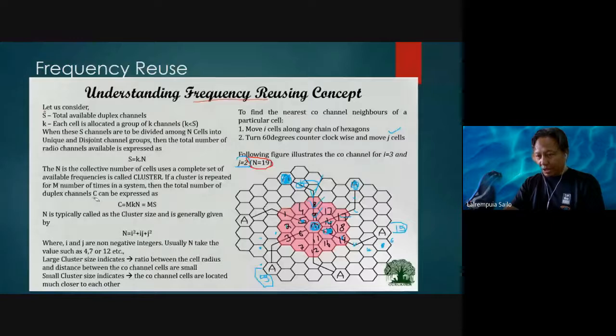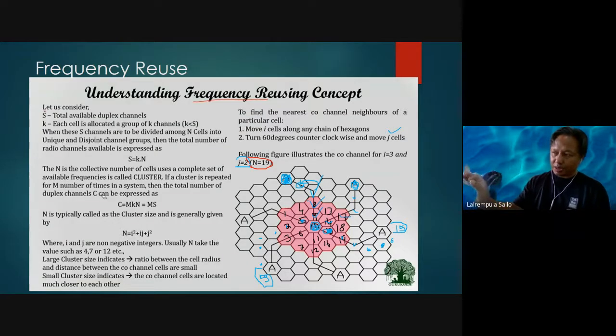If we have a larger cluster size, then the cell reuse, the frequency reuse cells cannot become closer. The interference chance is very low. If the cluster is too small, then the interference chance is very high.